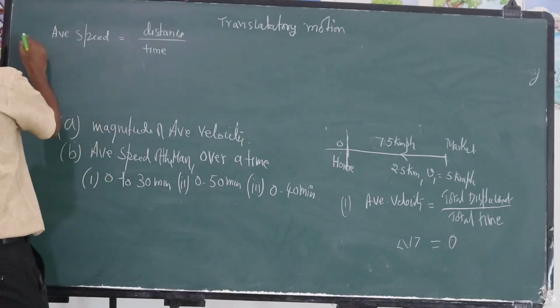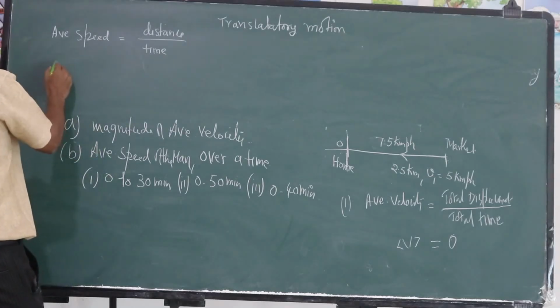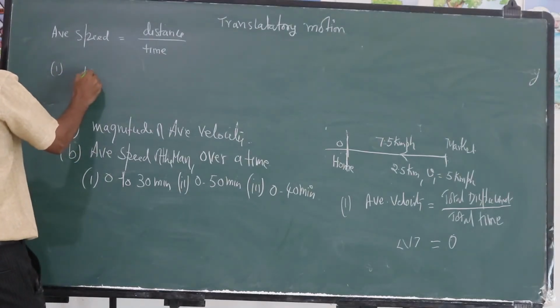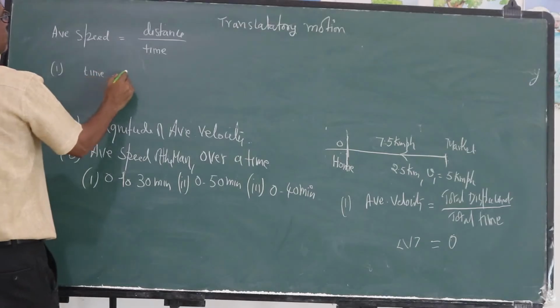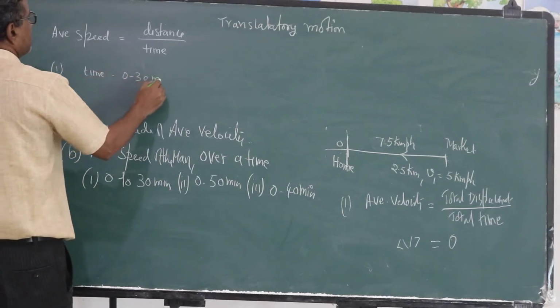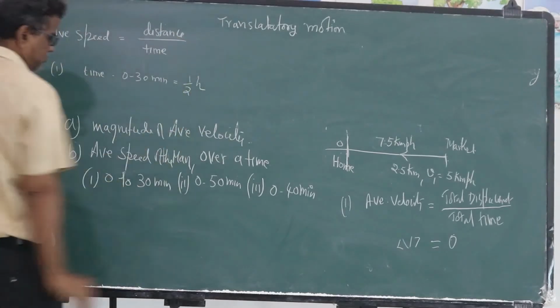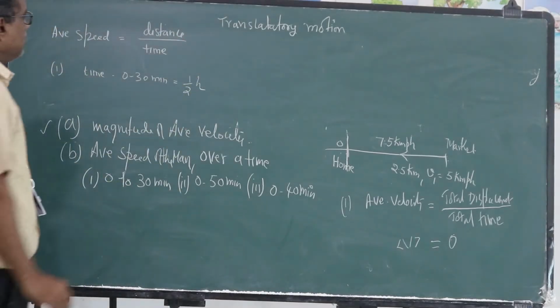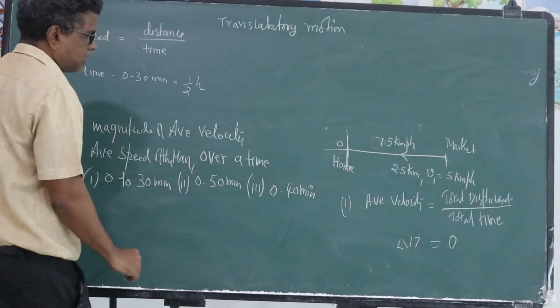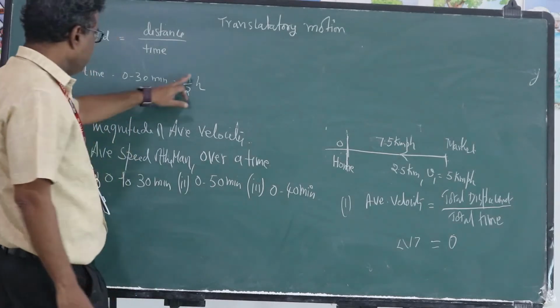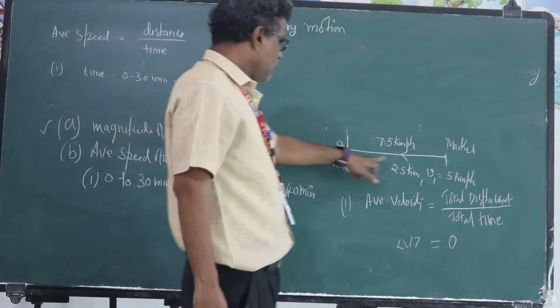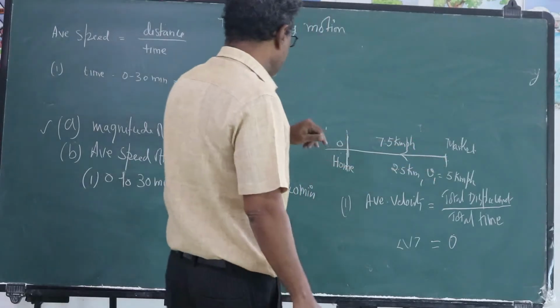The duration of the time is 0 to 30 minutes, that is half an hour. In half an hour, how much distance is traveled by this person?